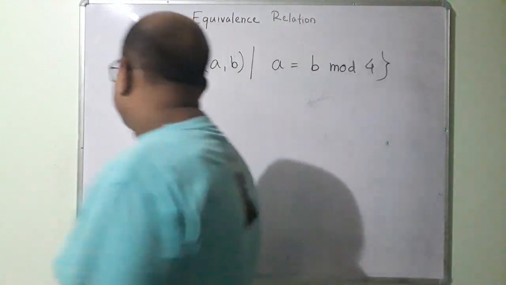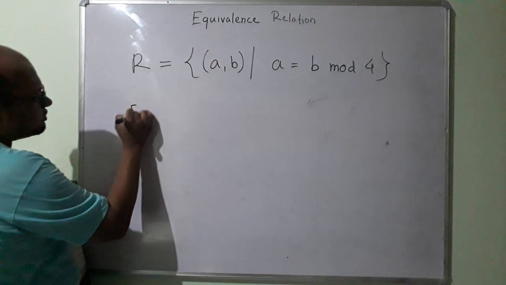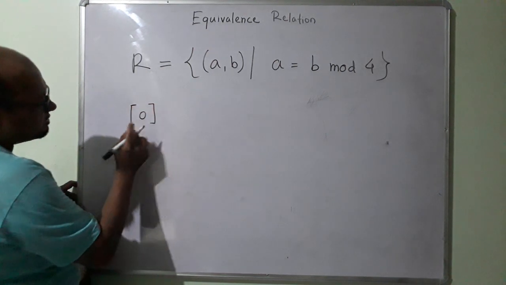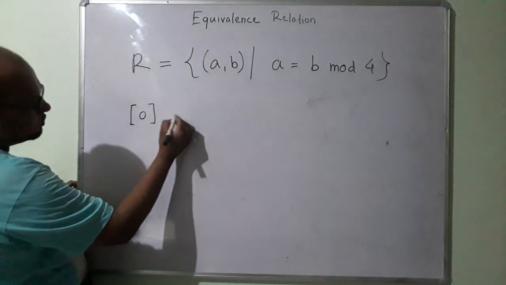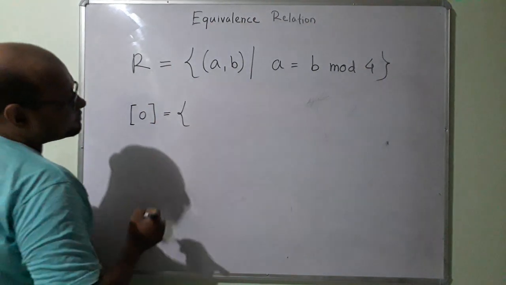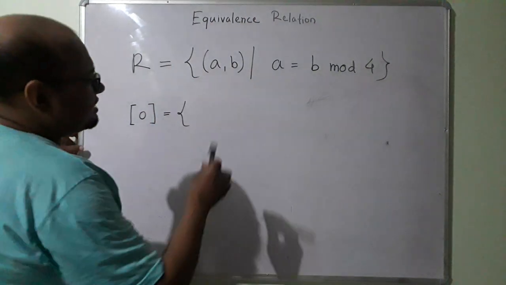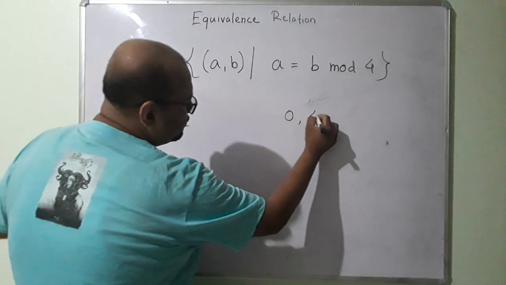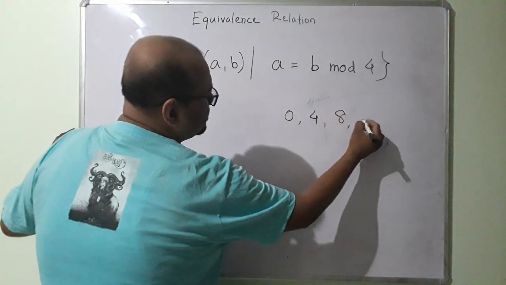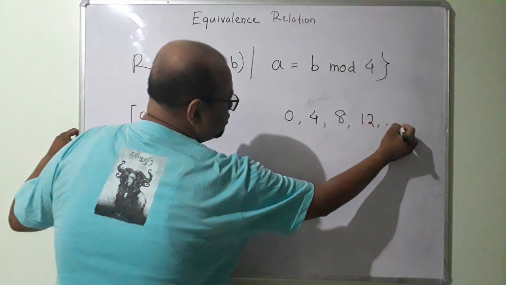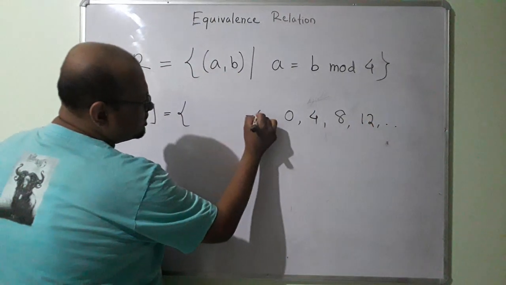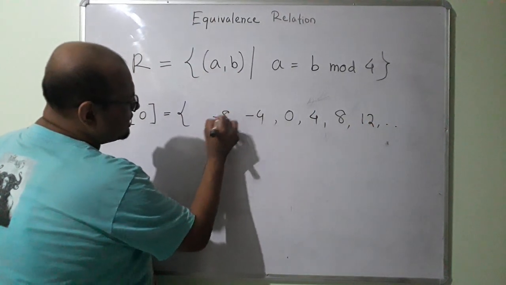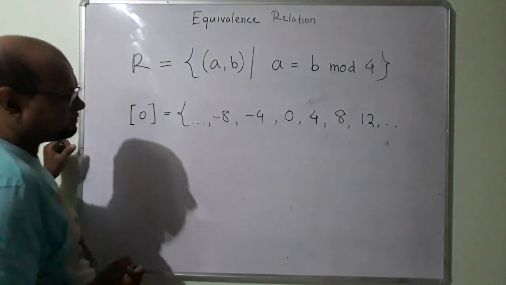That is something that we have to figure out. Let us say I want to figure out the equivalence class represented by this 0. What will I have? I will have 0, I will have 4, I will have 8, I will have 12 and so on. In this direction also I will have -4, -8 and so on.